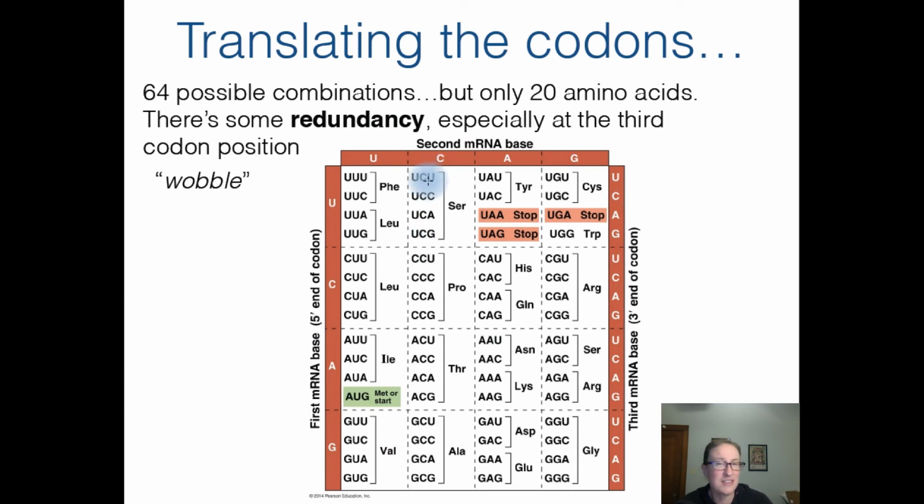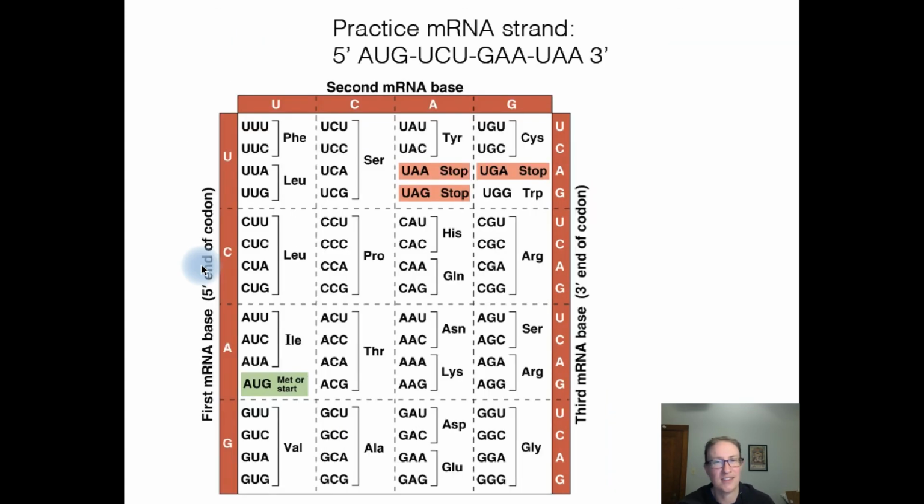And so this property is referred to as wobble, the fact that it doesn't matter what's in the 3rd position, you always get the same amino acid in a number of these cases. So that's how biologically we wound up going from 64 possible combinations to just 20 amino acids. There's a little bit of slop in this translation process.